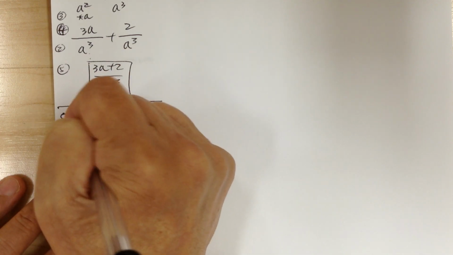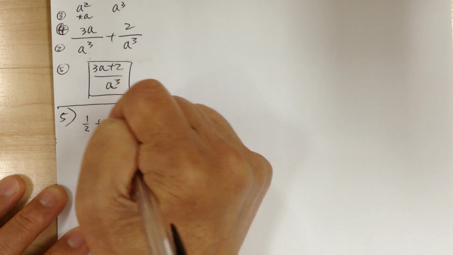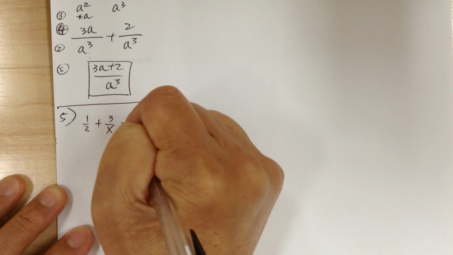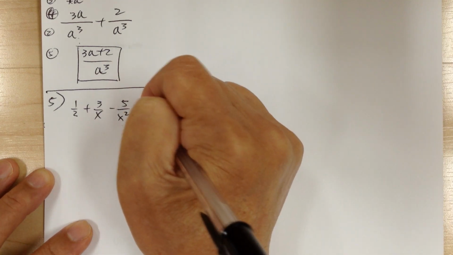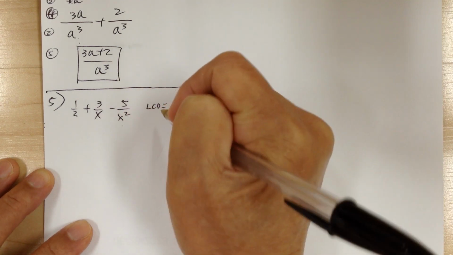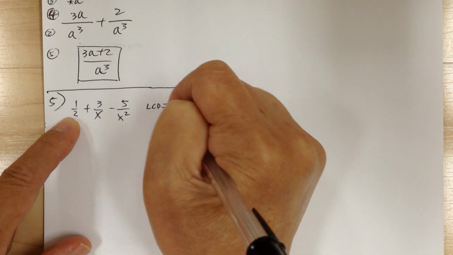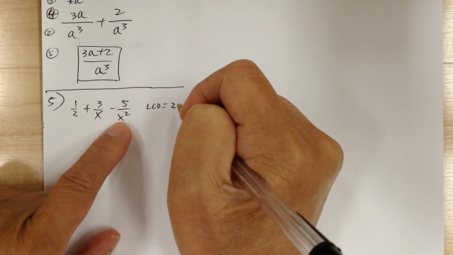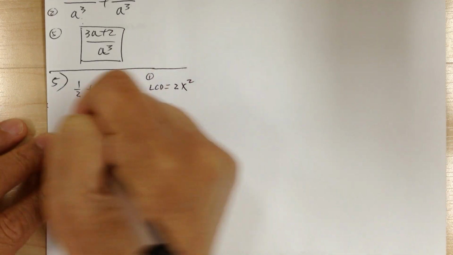Okay, you have 1/2 plus 3 over x minus 5 over x squared. Okay, so you can identify your LCD. So your LCD is equal to, okay, so you have number and variable. So number is 2, and the variable, you got x and x squared, so you have to take the higher one. So that's your step 1, get your LCD.